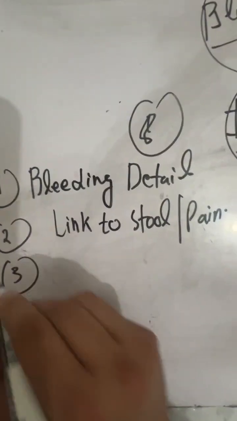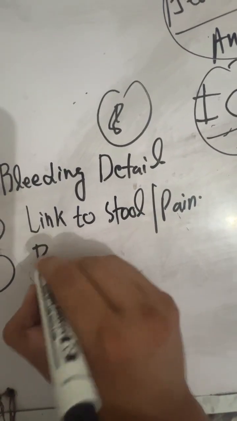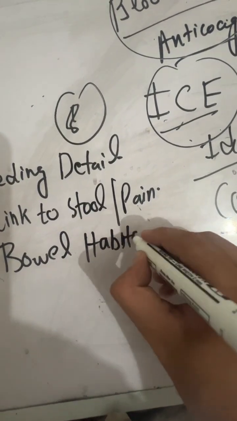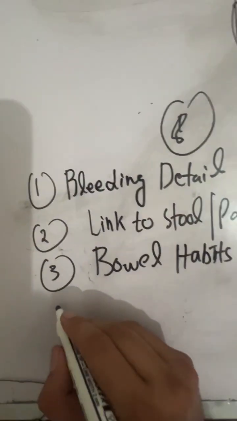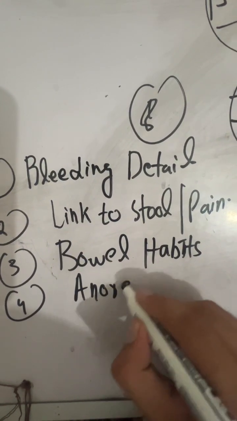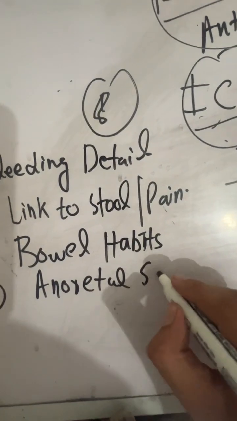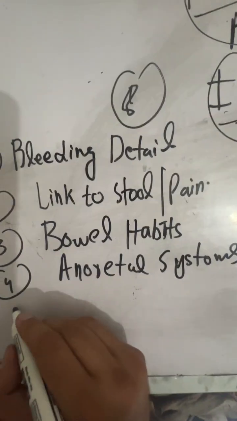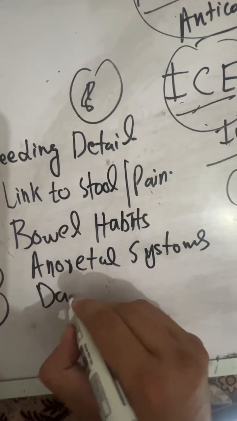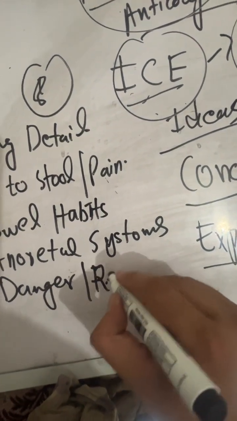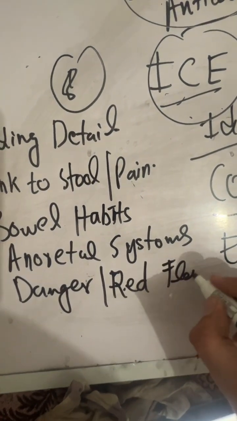The third thing to ask about is the bowel habits. The fourth is other anorectal symptoms. Then the fifth thing is the danger signs or red flags.